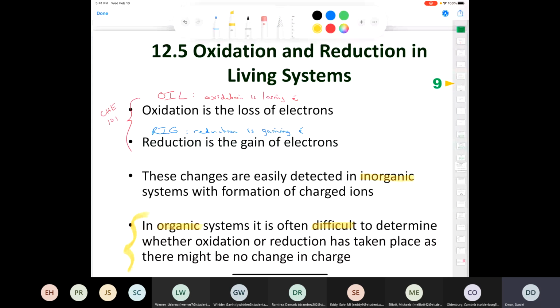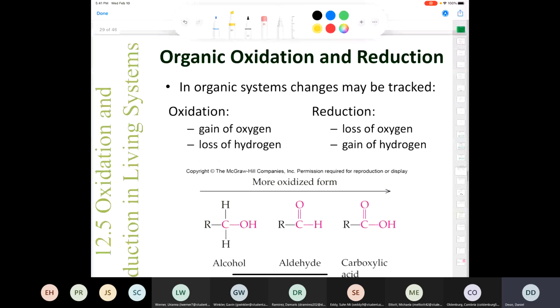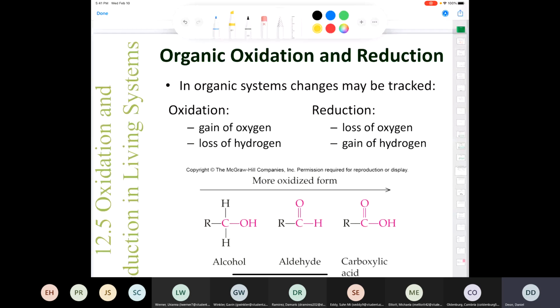And so how would we know whether oxidation or reduction is occurring with an organic molecule? We have a very simple couple of rules that we use to determine when oxidation or reduction are occurring in an organic system. Here are the rules. Oxidation results from either the gain of oxygen or the loss of hydrogen. One of those.